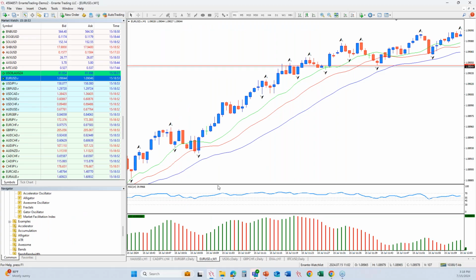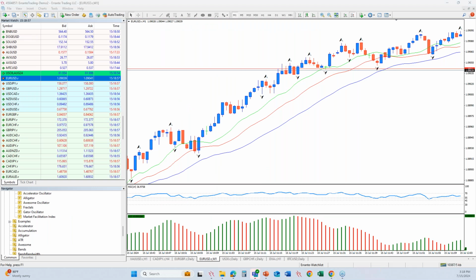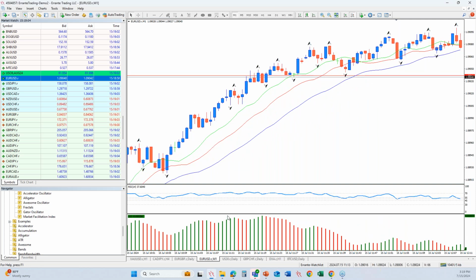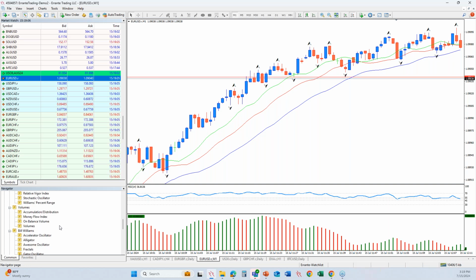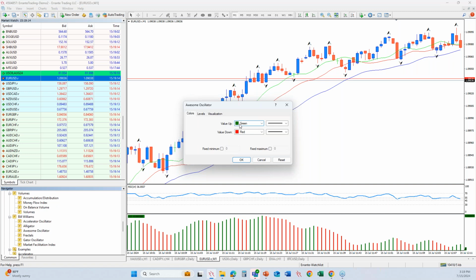For example, you bring it up in your MetaTrader. Let me make sure that everyone can see my MetaTrader 4. Very simple. Just below the Bill Williams trading system, you have the oscillator. Double click, and this is the value up.